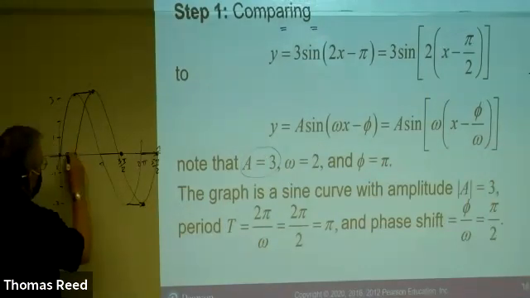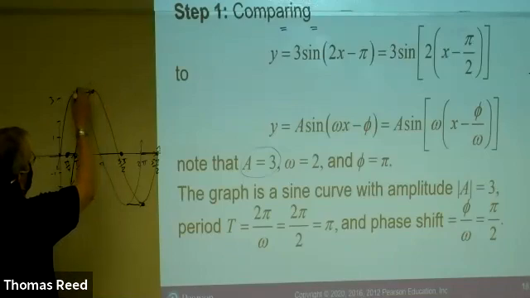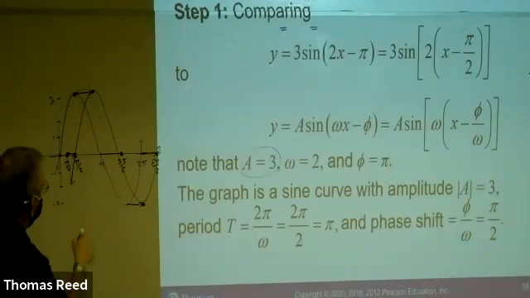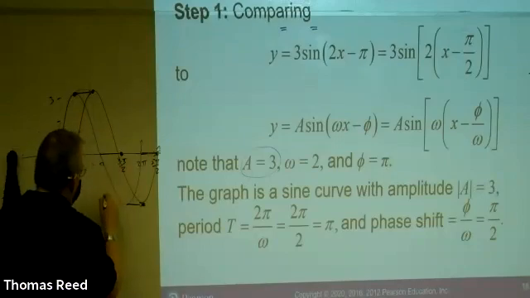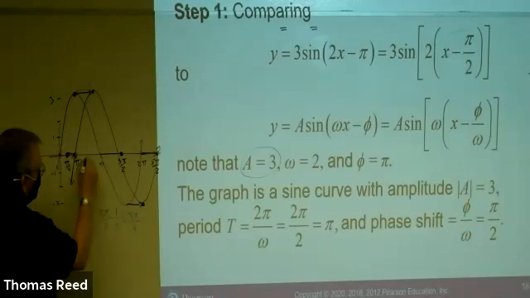So that got moved over to here. This one got moved back. Actually got moved back to its original position. We're going to take half of this, so that's 3/2 pi times 1/2, which equals 3/4 pi, 3 pi over 4. And so that's right here.